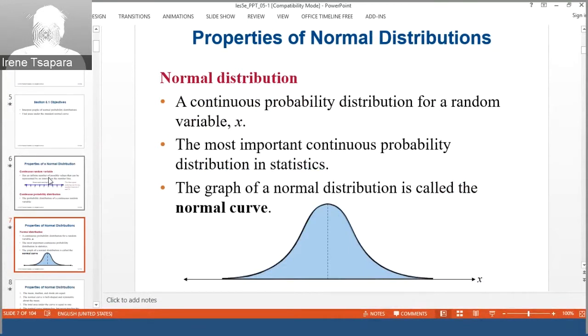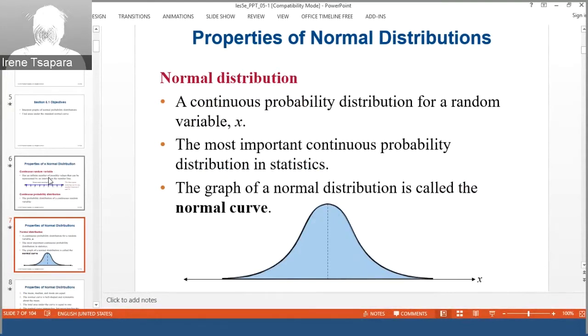The second important reason that the normal distribution takes our attention so much is that it can approximate other distributions. When the number of trials, the experiments that we run, the data points that we have in the data set, are many, up above a specific number, then a discrete distribution like the binomial tends to approximate the normal distribution.